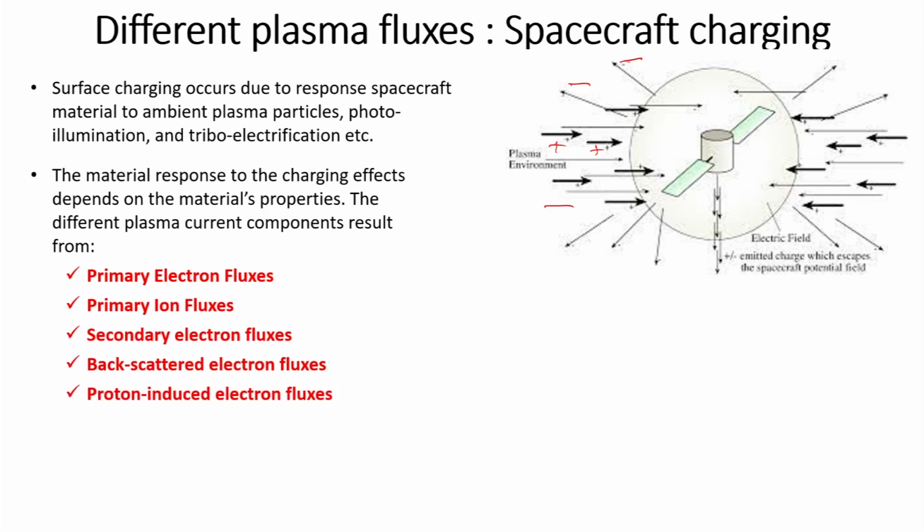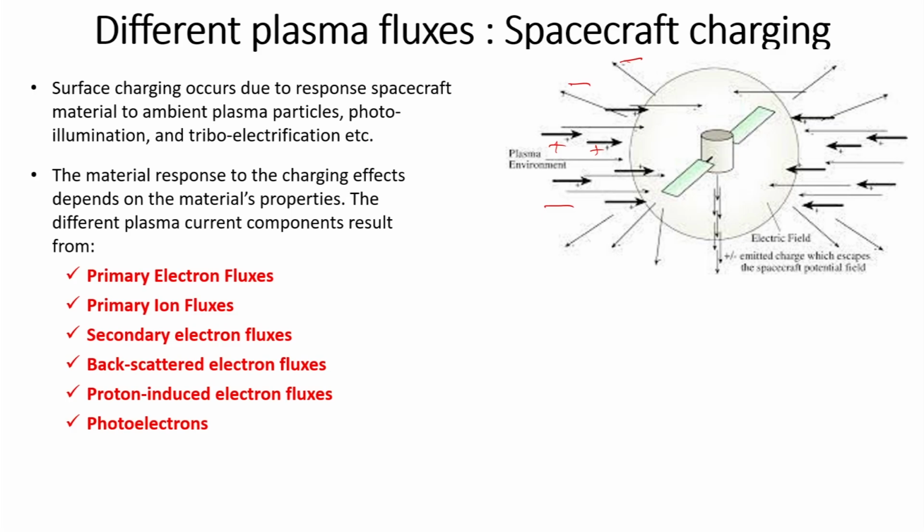Then we will have proton induced electron fluxes. Proton means when high energy protons strike the spacecraft surfaces, they can go inside, or they can create some electron fluxes, which is called proton induced. Again, this is a secondary electron flux.